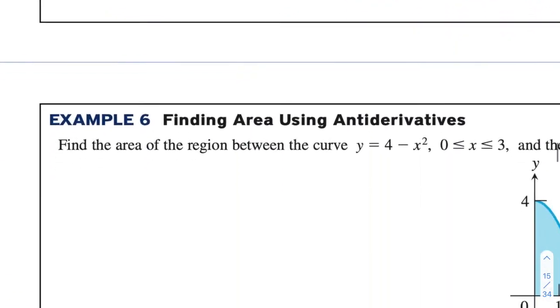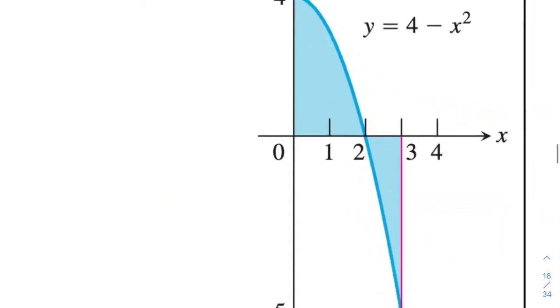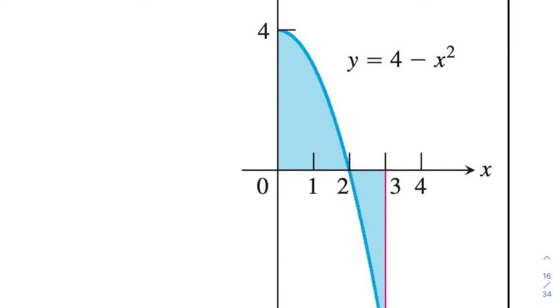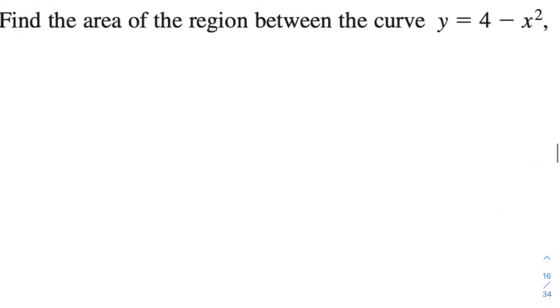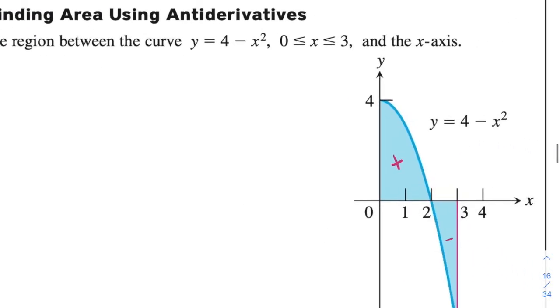So let's do an example. Take a look at this one. You have some positive area here, and you have some negative area here, and they will cancel each other out. So to make sure that they don't cancel each other out, you need to separate this into two different items.